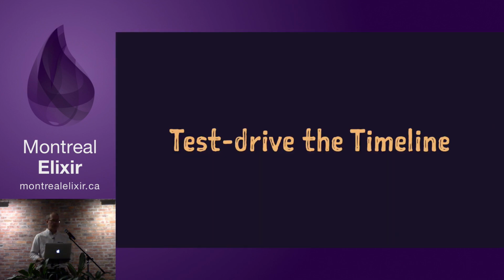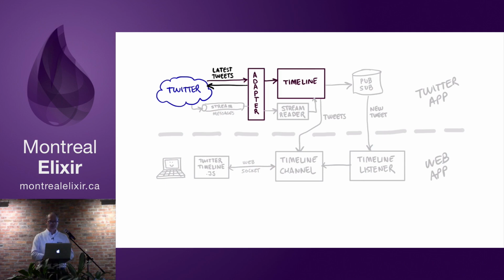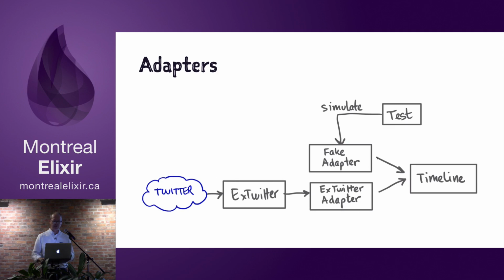So we're going to test drive the timeline. Again, this is what we'll be focusing on: the adapter getting the latest tweets and feeding that to the timeline. Of course, when we run the test, we don't want to hit the Twitter API all the time, especially when we just want to test the behavior of the timeline, the functionality of the timeline.